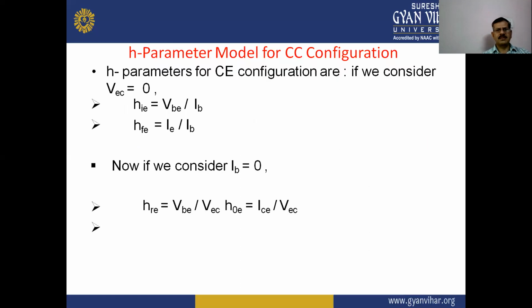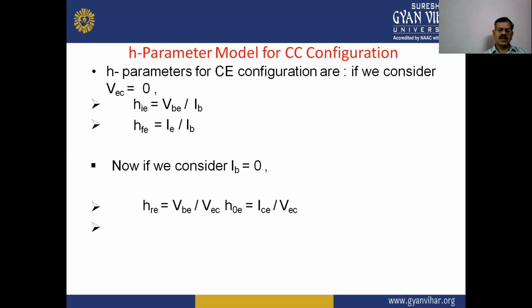Next, hybrid parameters model for the CC configuration, or common collector configuration. So in CC configuration, the h parameters are, if we consider VEC equal to 0, hi equal to VBE upon IB, and also hfe equal to IE upon IB.